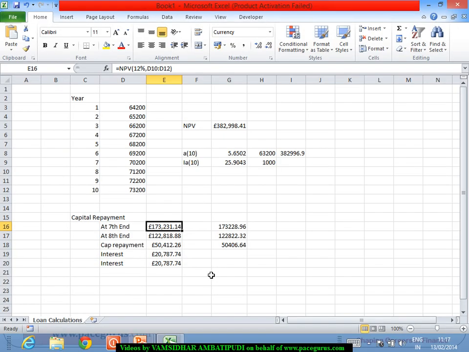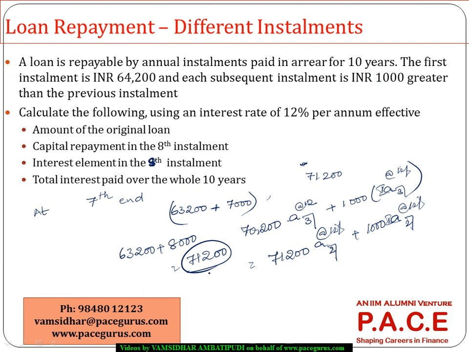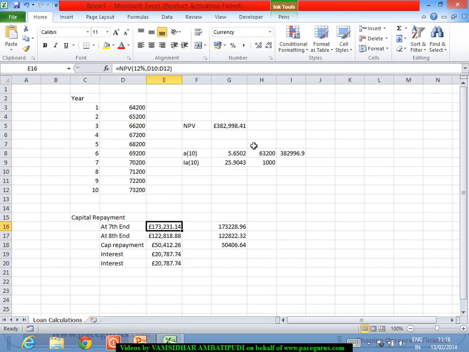So there are various ways of understanding the total interest element as well as the principal part. Now, the other scenario I can look at in this loan repayment is the total interest paid during the whole 10 years.